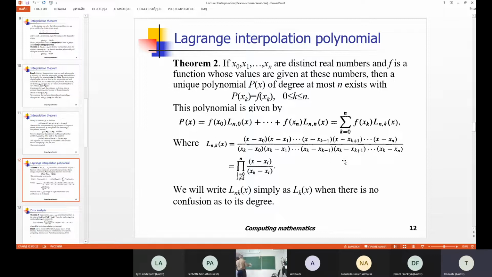The points with their numbers 0, 1, and 2. Again, suppose that n equals 2. It means that we have 3 points: x0, x1, and x2.